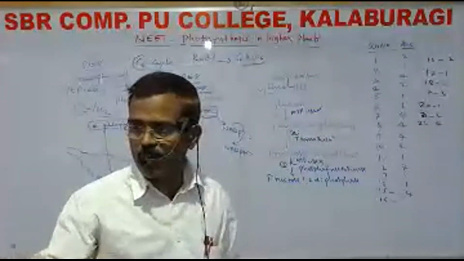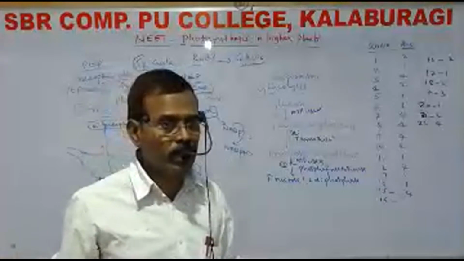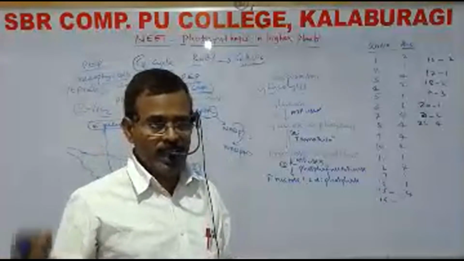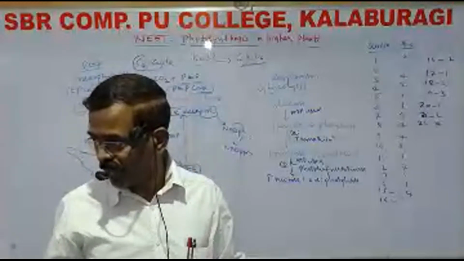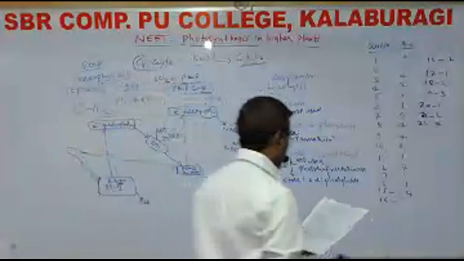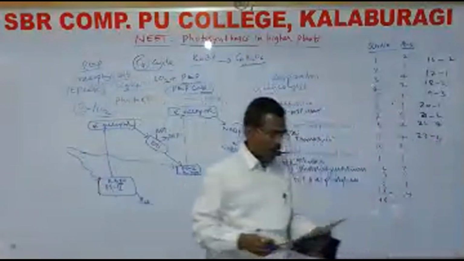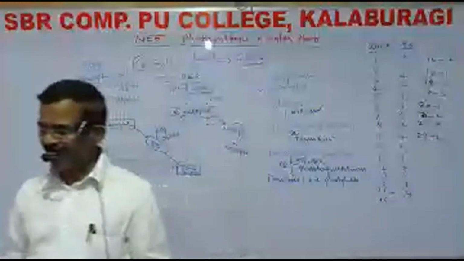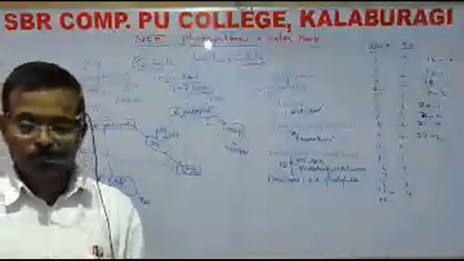These light harvesting complexes are made up of different kinds of pigments: chlorophylls, carotene, and xanthophyll. The reaction center is mainly chlorophyll A molecule, either 680 or 700. So the answer will be 23rd, 4th, that is both 1 and 2. Chlorophyll pigments are organized either in the form of photosystem 1 or photosystem 2.